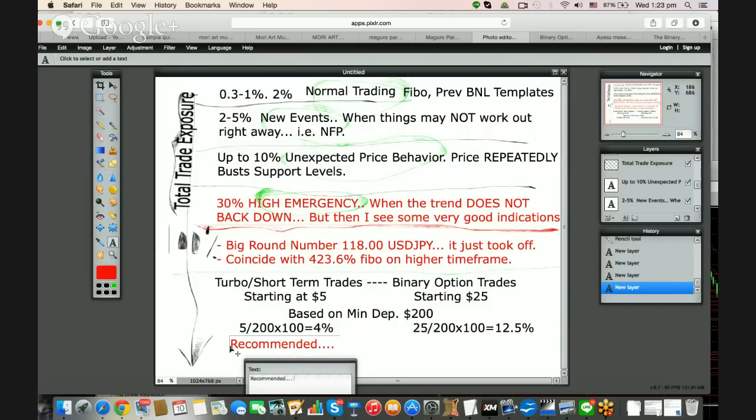So if 0.5% trades at $5, your account needs to be at 1,000. Recommended. If let's say your 0.5% trade, so let's just say 1%, right? 1% trades at 25 bucks. This is going to mean that you're going to have to put in like 2,500 bucks.